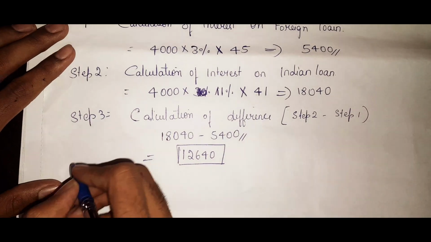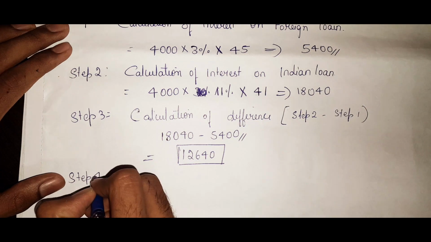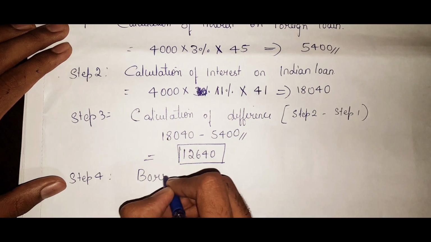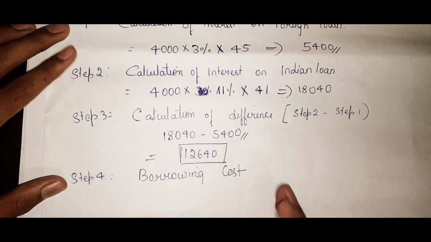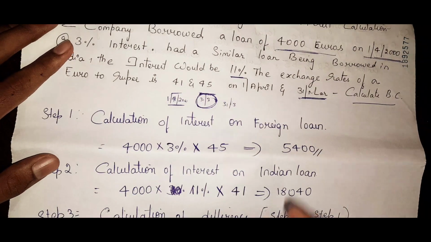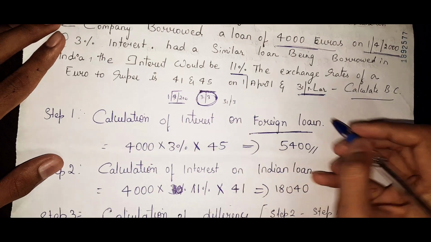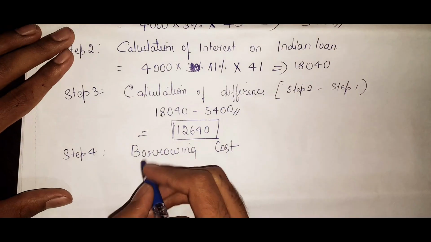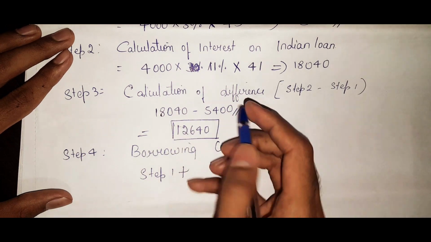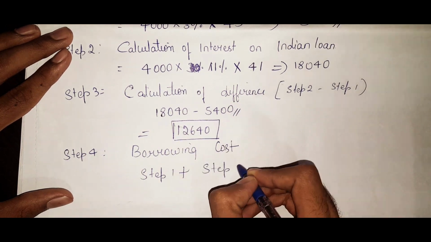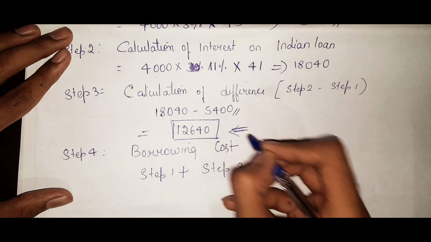Now we get to calculate step 4, that is borrowing cost. So borrowing cost is very simple. It is on foreign loans. So step 1 plus step 3. Because this is a difference, it has to be capitalized.